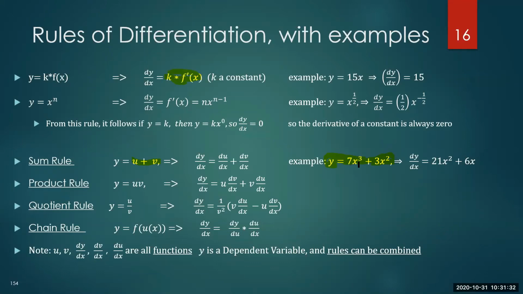So that's 7x cubed. And so we're saying when we differentiate it, it's 7 times the value of what you get when you differentiate x cubed. And obviously, to differentiate the x cubed piece here, we are using the x to the n rule up here. So already we've seen that we can combine more than one rule to get the result that we need.